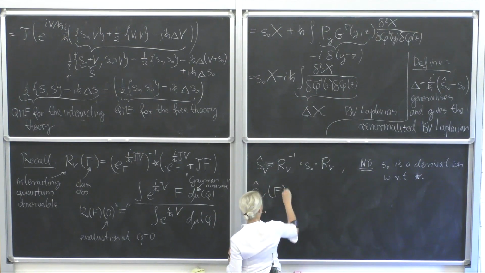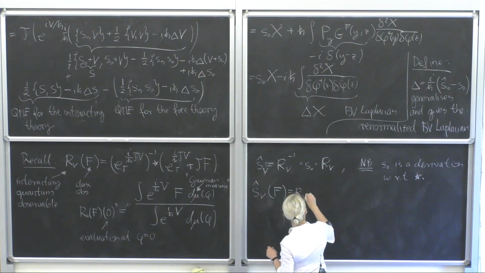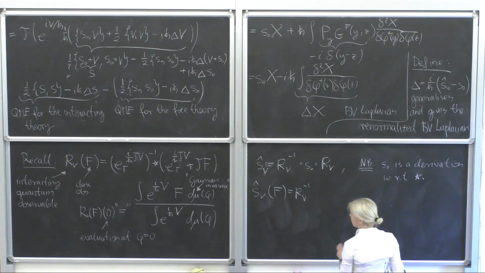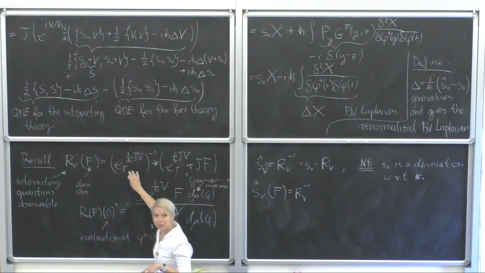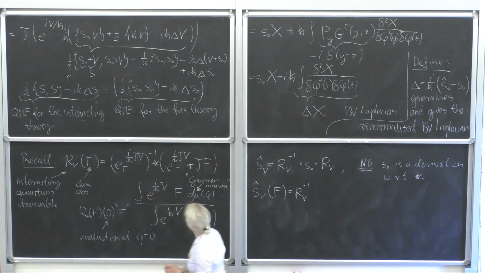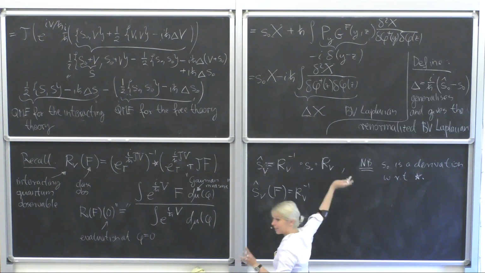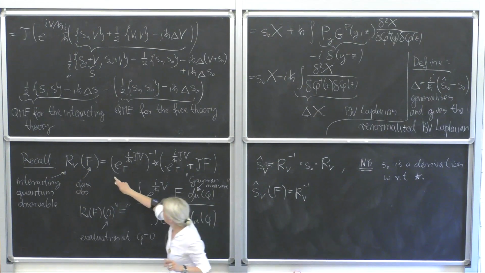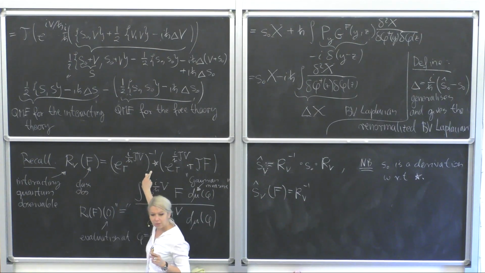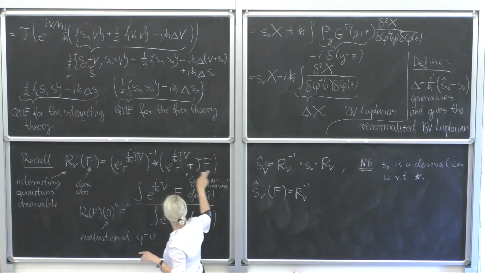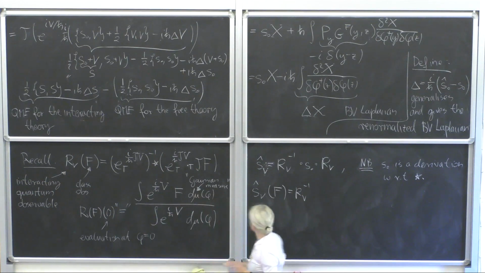Okay, so let's compute S0 of F. Okay, I'm going to keep that guy. And now S0 attacks this whole ugly thing. I said derivation, right? So I'm going to let it act on this, Leibniz rule, times that, and then the other way.